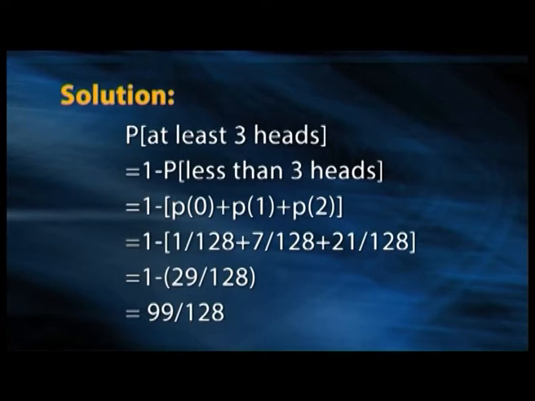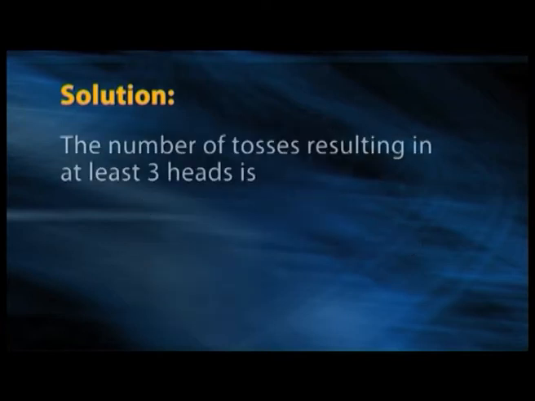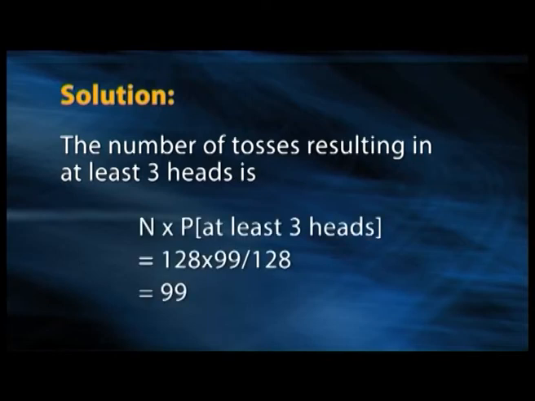Substituting the values of x in P of x and simplifying, we get 1 minus 1 by 128 plus 7 by 128 plus 21 by 128, which is 1 minus 29 by 128, equal to 99 by 128. Therefore, the number of tosses resulting in at least 3 heads is given by n into probability that at least 3 heads appear, which is 128 into 99 by 128, equal to 99.